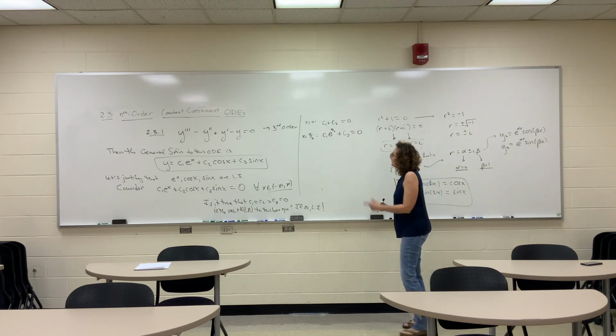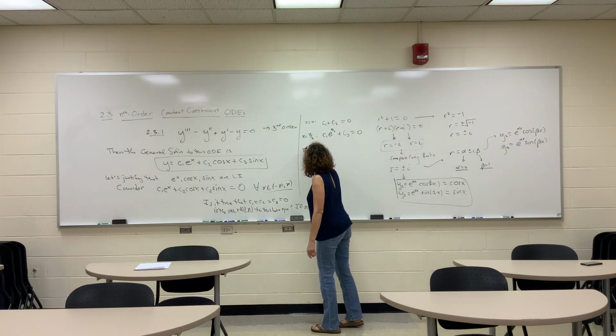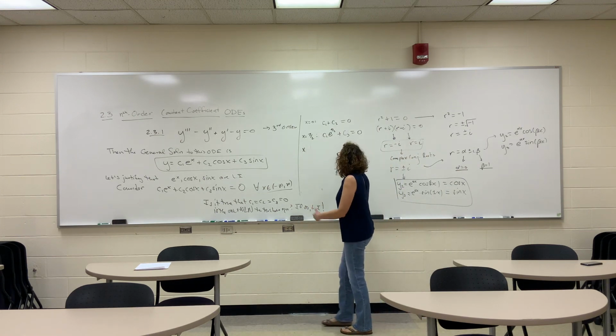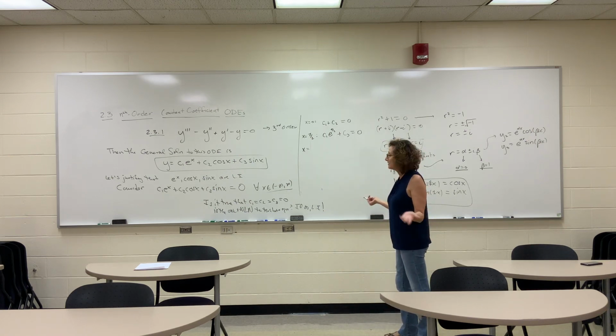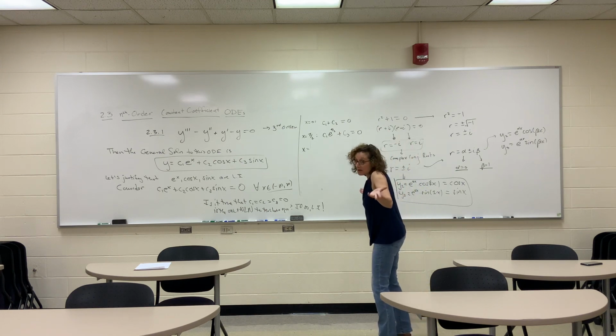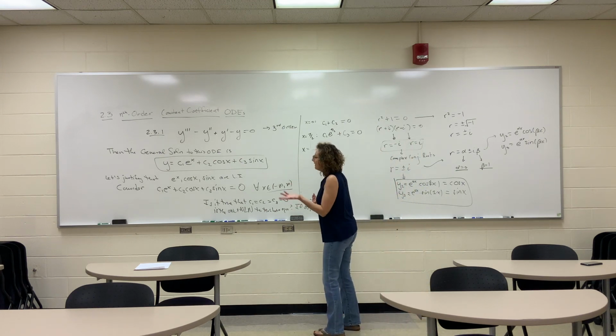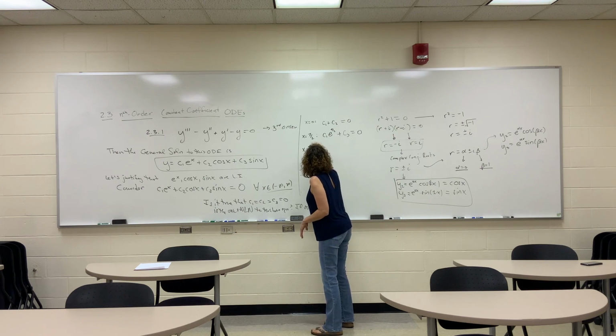It's 3 equations. We want a third equation, 3 unknowns, so we want a third equation. What's another nice place to evaluate this equation? Lots of possibilities. Let's go with pi.